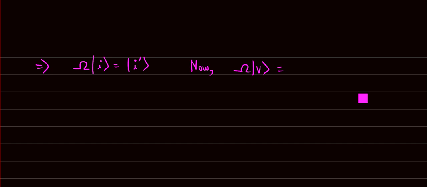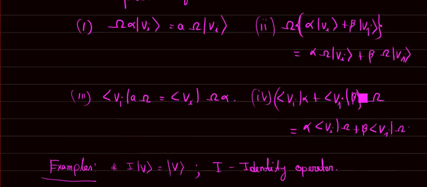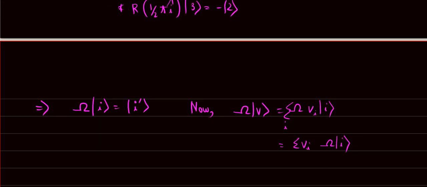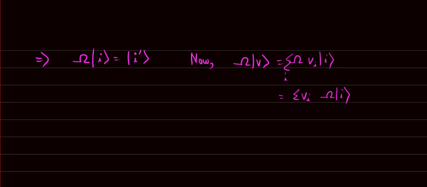If we want to know that, we can write V as the linear expansion in terms of basis vectors like this. There will be a summation, and since omega is a linear operator, if you remember, linear operators follow this rule, so we'll get the sum of v_i times omega i.